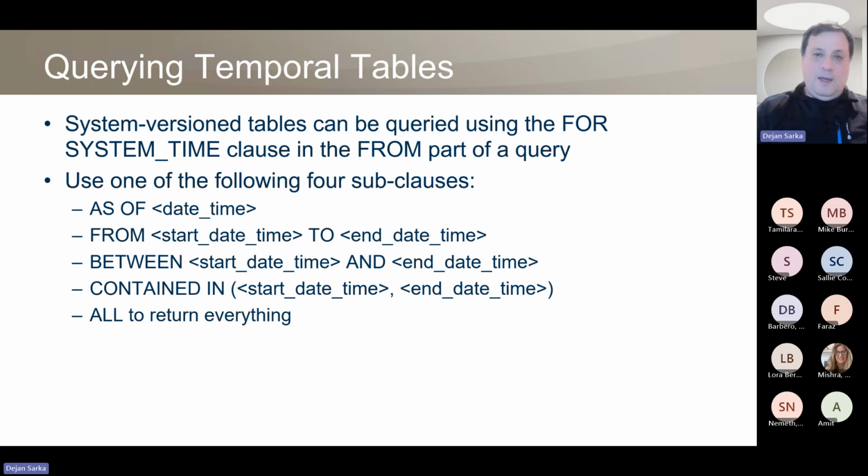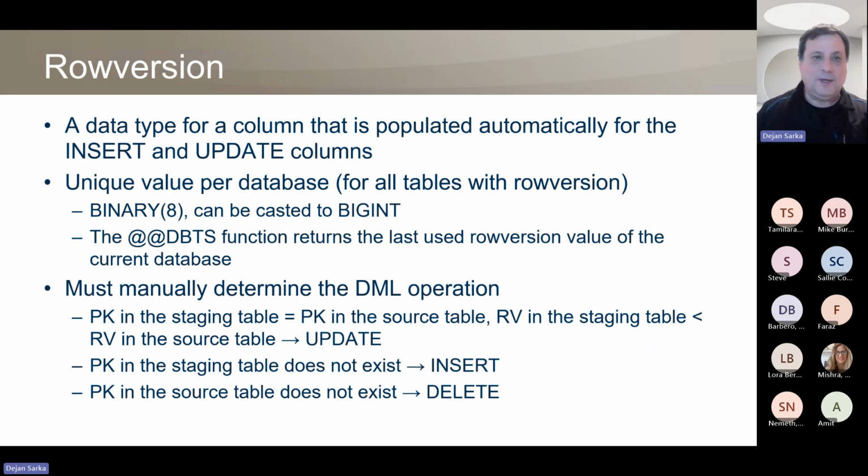You query the current table, and you say FOR SYSTEM_TIME AS OF a datetime, and SQL Server will find rows either from the current or from the history table, valid values at that specific time point. So besides tracking changes, these temporal tables can also be useful in line of business systems to find the state at any specific time point.